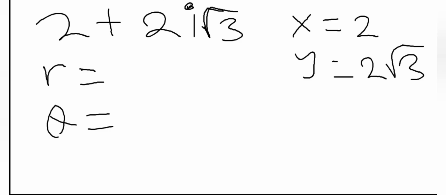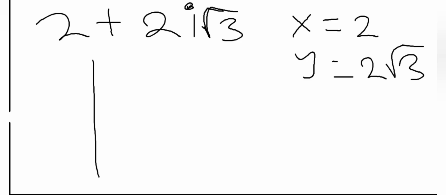So what should we do when we are finding r? When we are finding r, which is the modulus, we find it by using the Pythagoras theorem. But before writing anything, you should first understand the graph. How is this graph coming out?